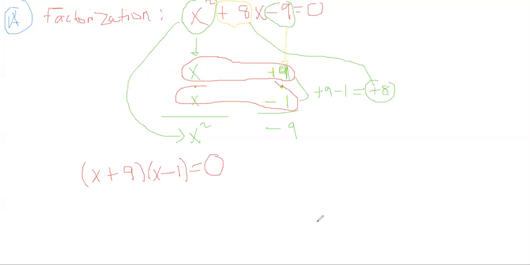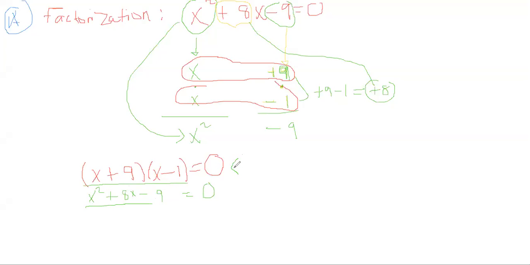If you expand this, it should give you x raised to the power of 2 plus 8x minus 9 equals to 0. So by factorization, what it means is to simplify this, and it's what we did here.